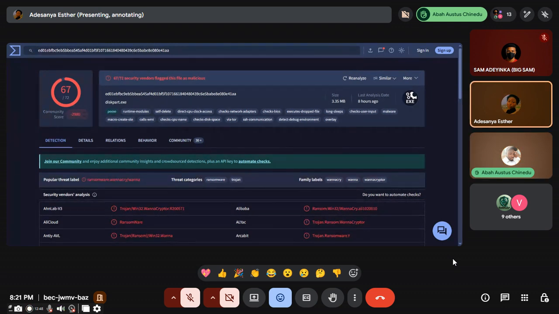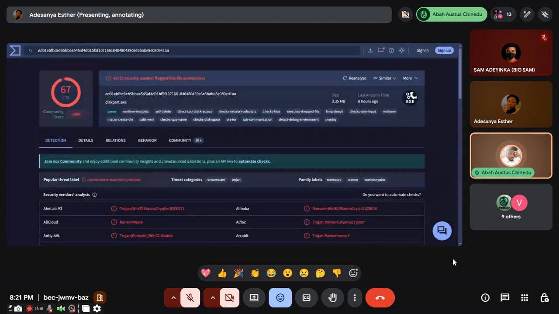Yes, I can. Okay. So this is one of the platforms for threat intelligence enrichment, VirusTotal. And what you're seeing, just like Sam said, this 67 over 72, is what they call a threat score.